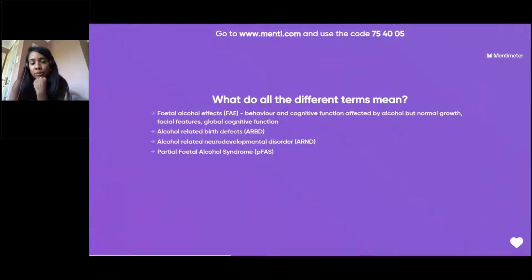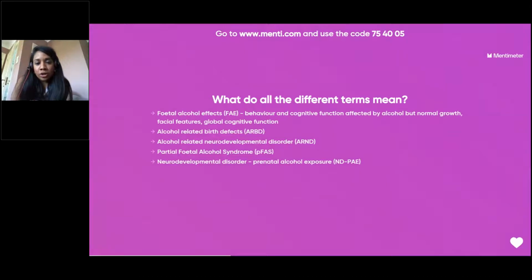And then you also have something called partial fetal alcohol syndrome. This was a term used in the past when you might have some of the effects of alcohol, but you wouldn't have all of those classic facial features like the smooth philtrum, microcephaly. And then there's also a term that's sometimes used, which is neurodevelopmental disorder prenatal alcohol exposure.